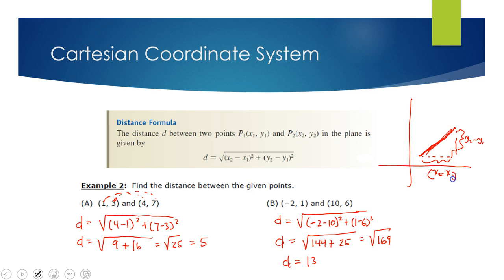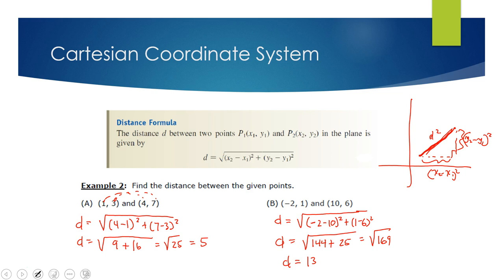Well, if I square these, I would get this distance here squared by the Pythagorean theorem. And that's where the formula comes from. The distance formula is just another version of the Pythagorean theorem.